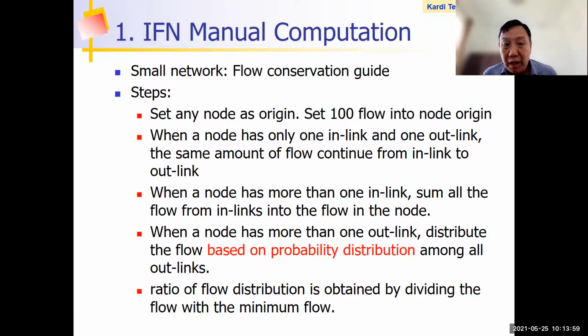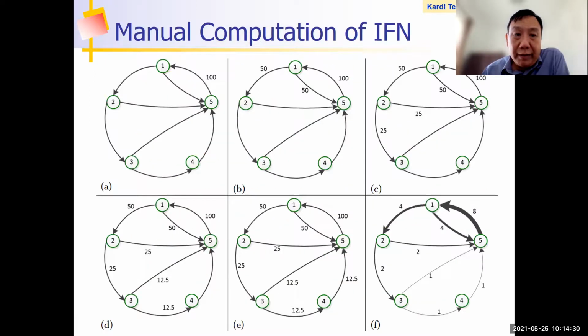When a node has more than one in link, the sum of the flow of the in links will be exactly the same as the out link. Then you distribute the flow based on the probability distribution that you have. After that, if you want to make it integer, you divide by the minimum, the LCM of the denominators. I'll give you an example first.